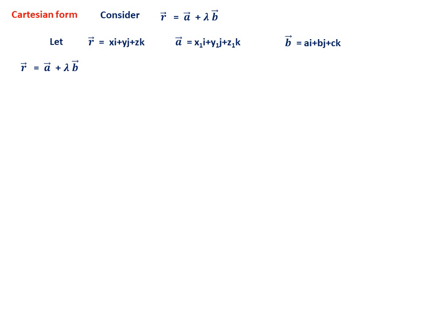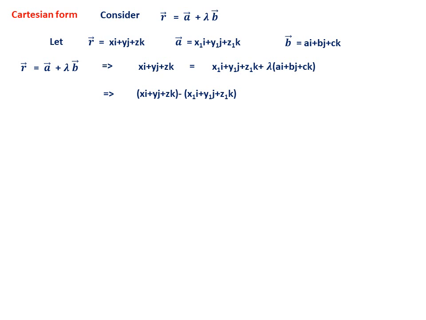Now we know that R equal to vector A plus lambda times vector B. So therefore substitute. R is taken as xi plus yj plus zk. Right side, A is x1i plus y1j plus z1k, and lambda times B equal to ai plus bj plus ck. Now what we have to do is take the vector A to the left side.